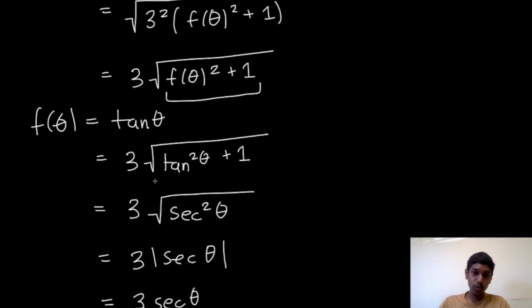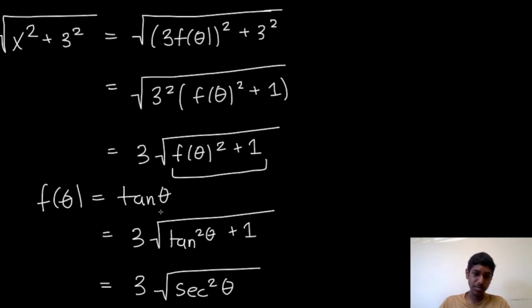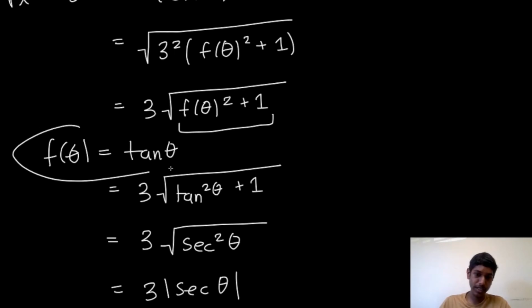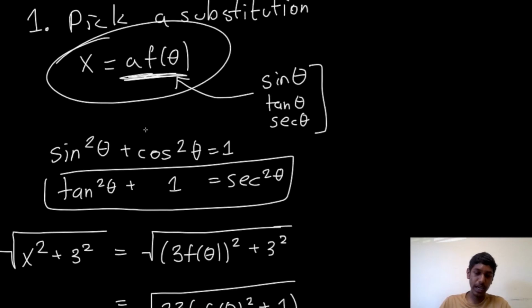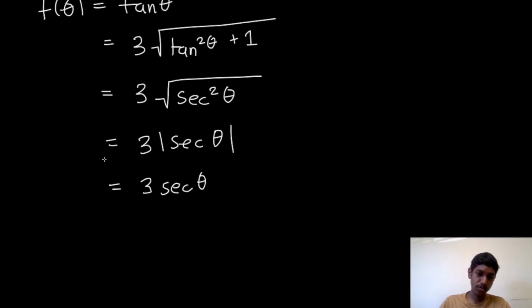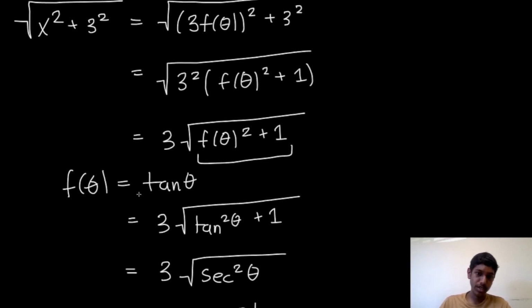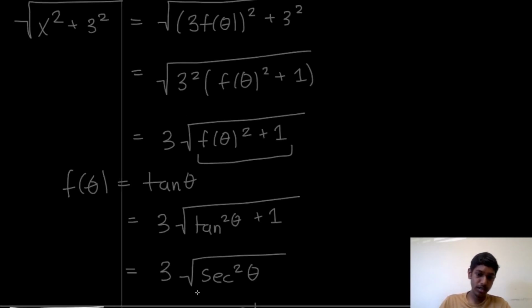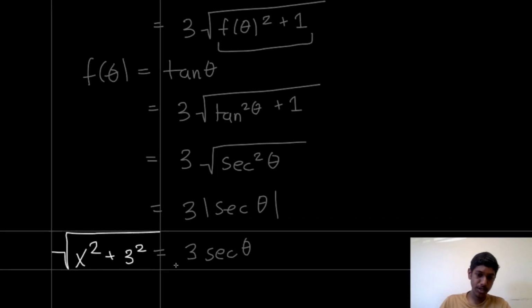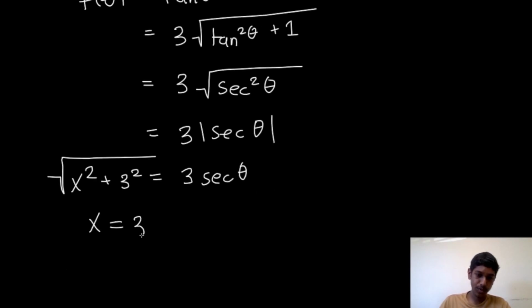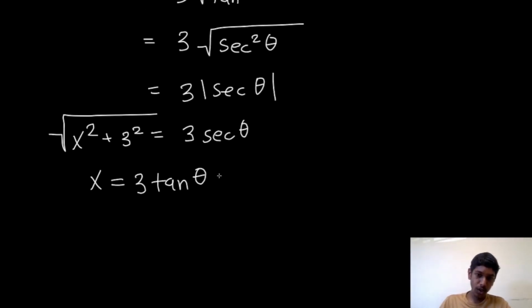So for now, because we found out f of theta is tangent theta, we know that our substitution, x equals a f of theta, finally is going to be x equals 3 tangent theta. Okay, good.